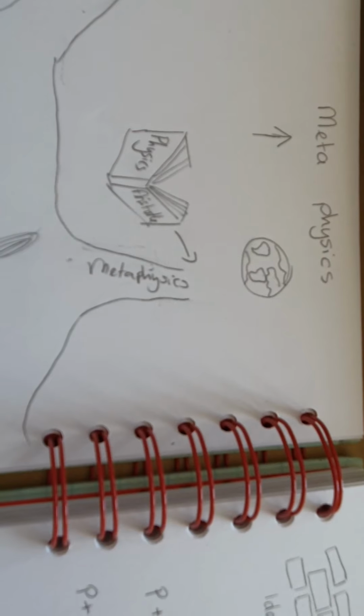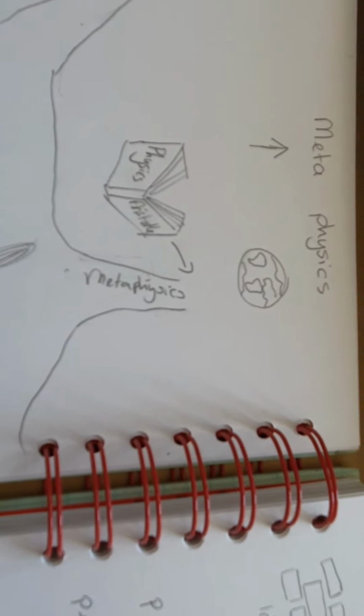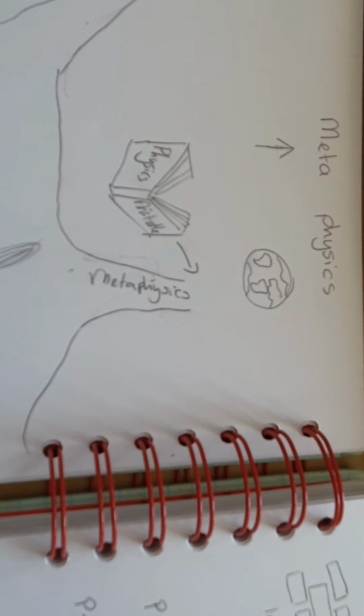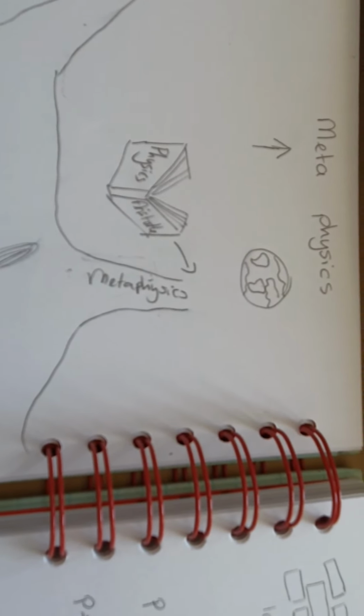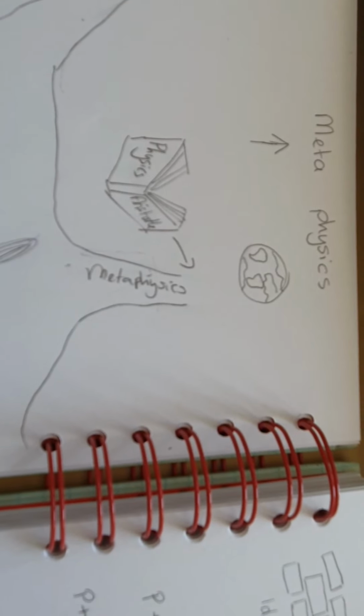In terms of the origin of the word metaphysics, it actually has again a connection to philosophy. You will see it in scientific realms, metaphysical sciences, but it actually has its origin in philosophy, and it comes from the book Physics written by Aristotle.